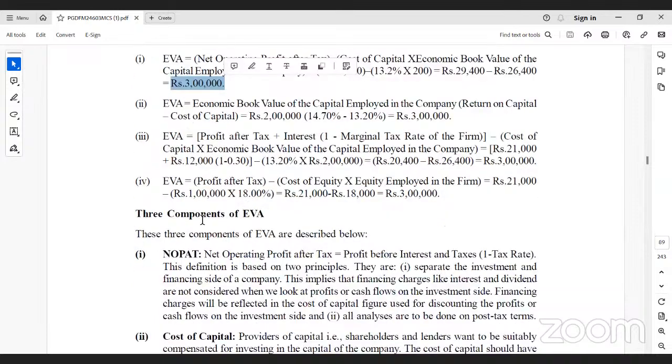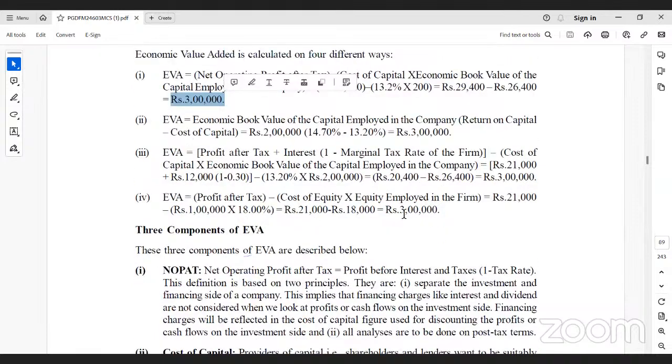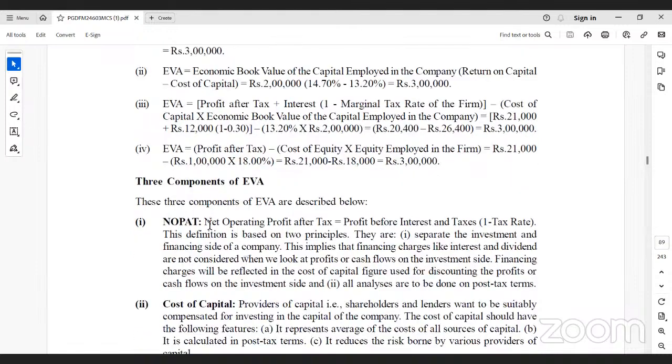So here we can see how the firm is measuring its performance. There are three components in the EVA model, the economic value added approach. The first is net profit after tax, NOPAT, which is profit before tax multiplied by 1 minus the tax rate.